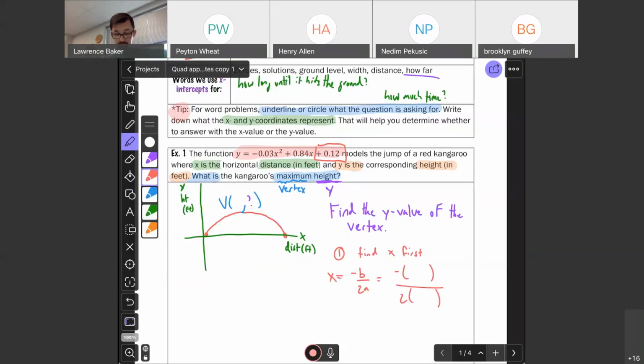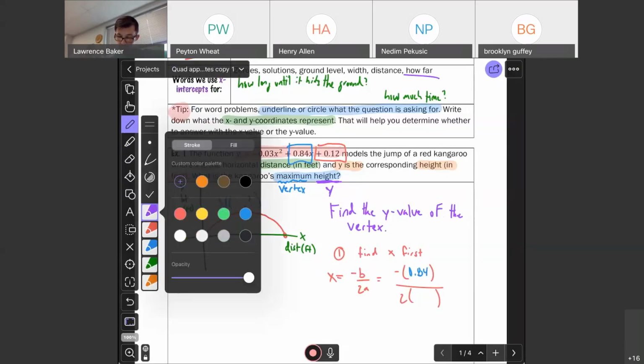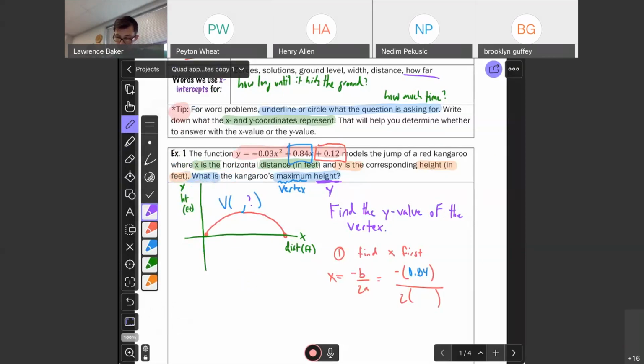What's our b value? 0.84. And what's our a value? Negative 0.03.